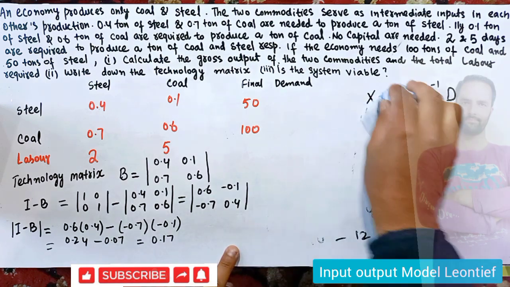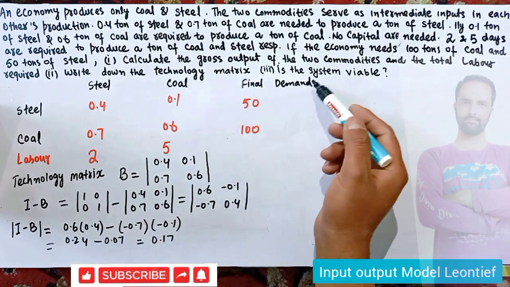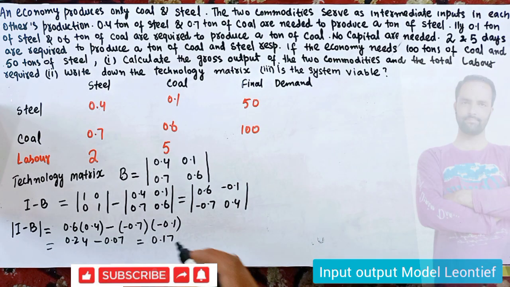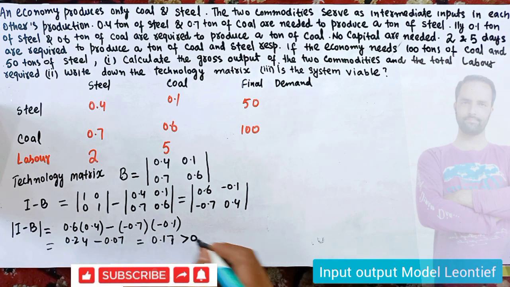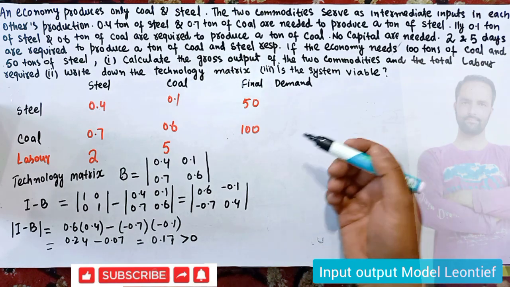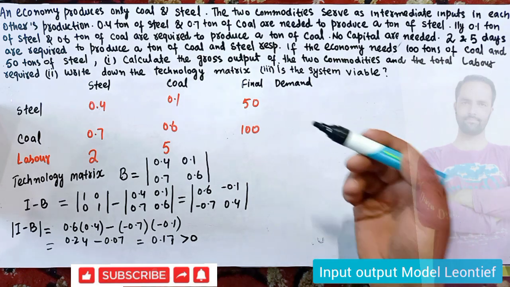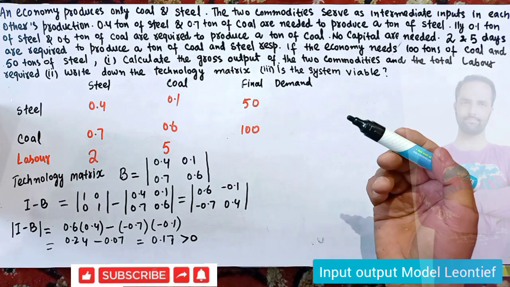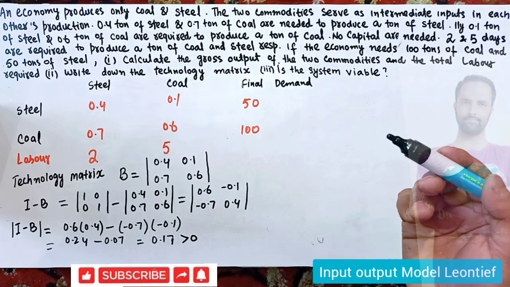Now we need to find out, is this system viable? We got the determinant of I minus B greater than 0. Now, to see whether this system is feasible or viable, we need to check the Hawkins-Simon conditions. Hawkins-Simon conditions ensure viability of the system.